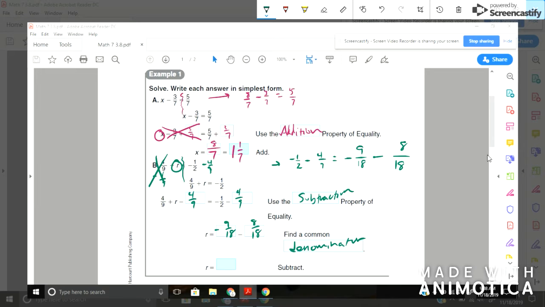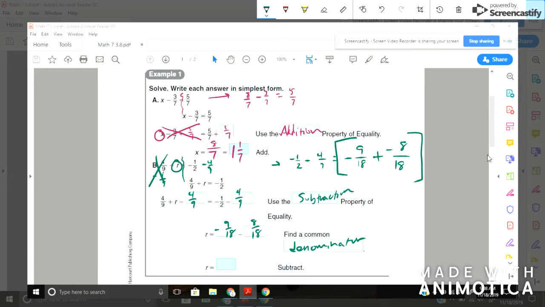Okay, now let's look carefully at this subtraction problem. I've got a negative number minus a positive number. Remember, the easiest way to subtract integers is to change your subtraction to addition and the next number to its opposite. In other words, chop, chop.